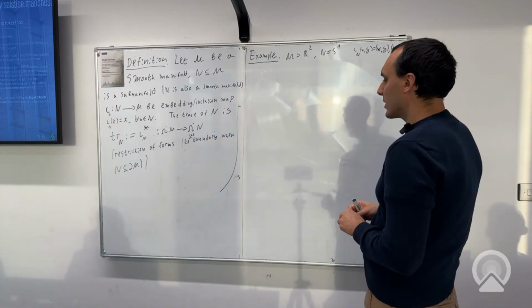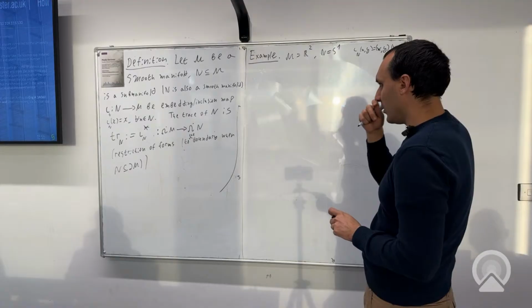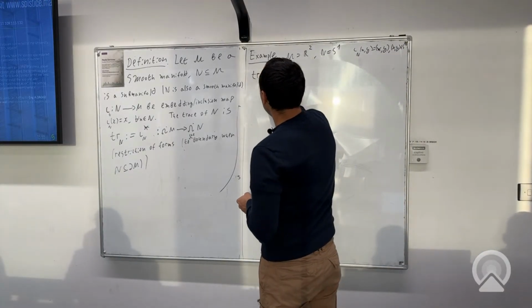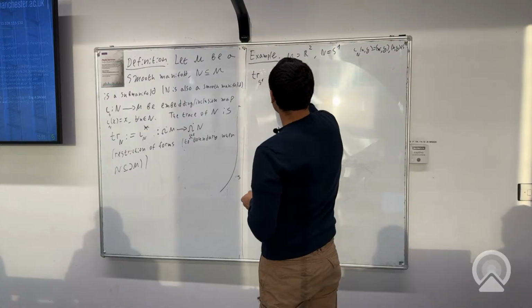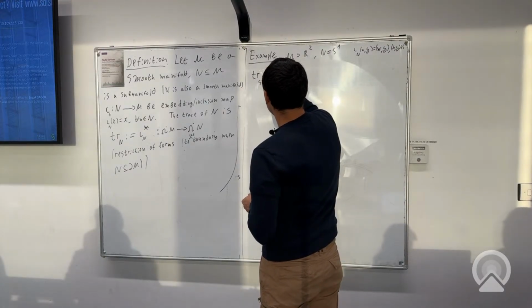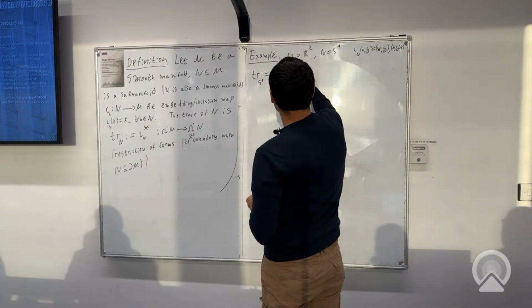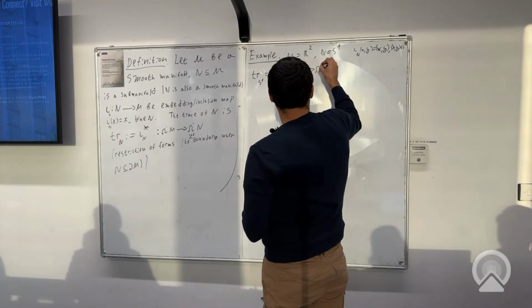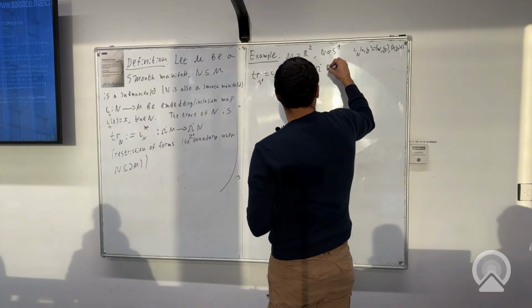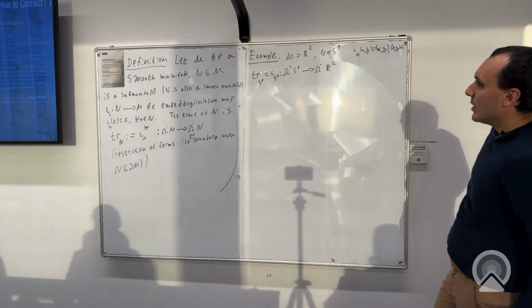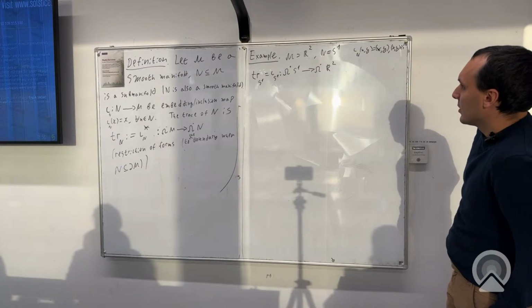Now let's compute the trace of such a map. So trace of S1 is from omega bullet S1 to omega bullet R2. Okay. Now let's give some form.